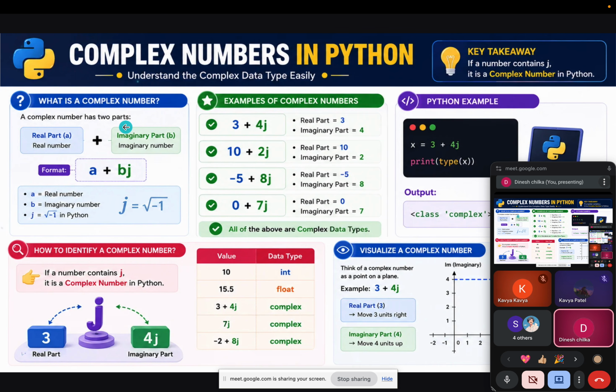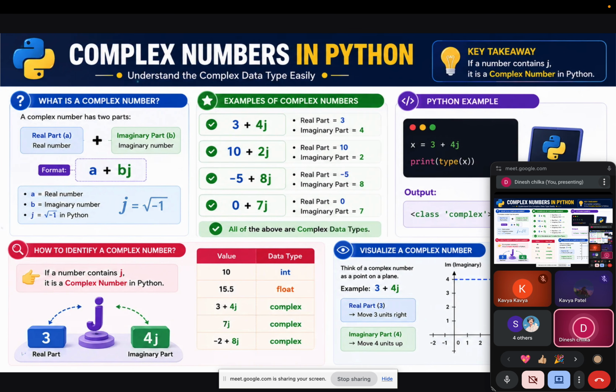One is a real number, and plus the imaginary part of the number. But what is the common element here? The common element will be j. A is called the real number, B is called the imaginary number, but j is considered the square root of -1 in Python.